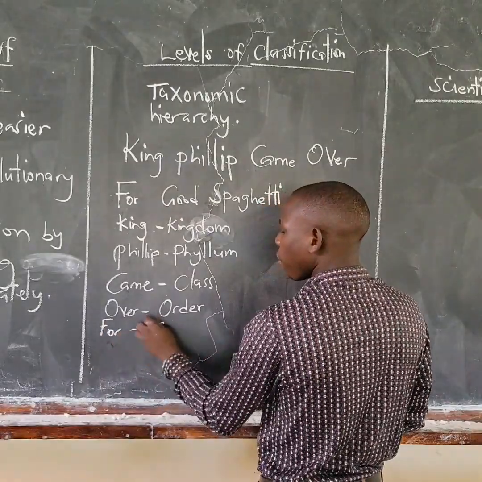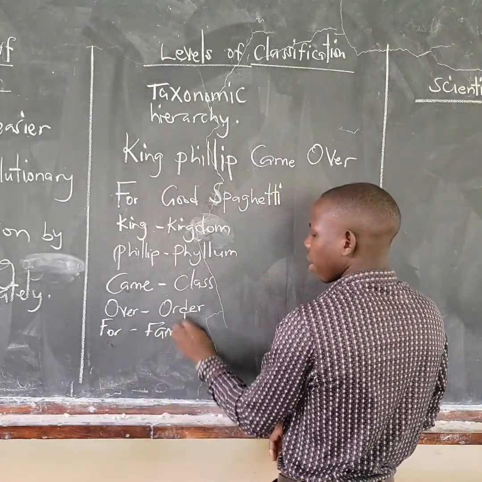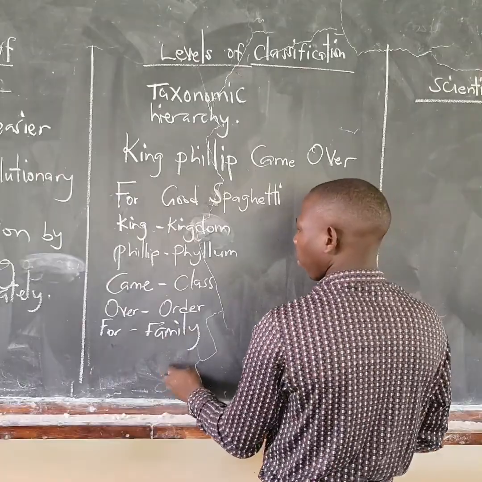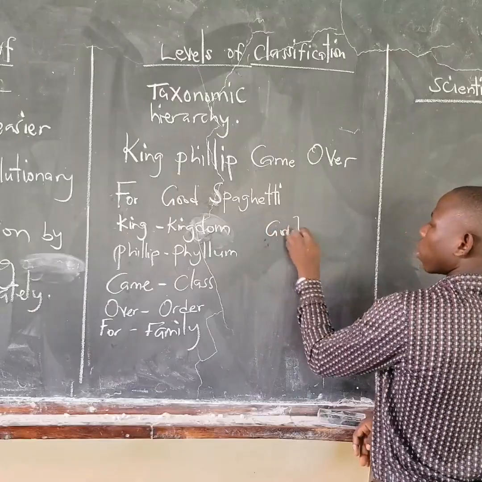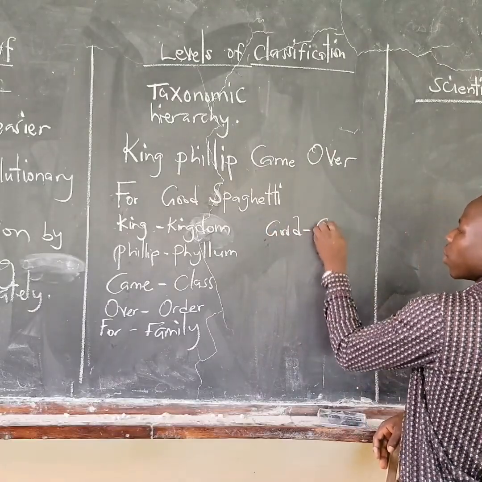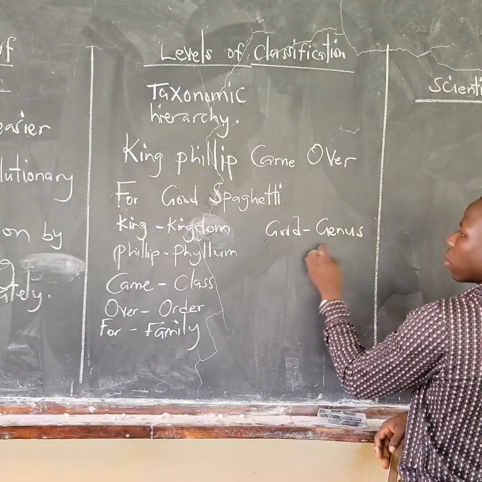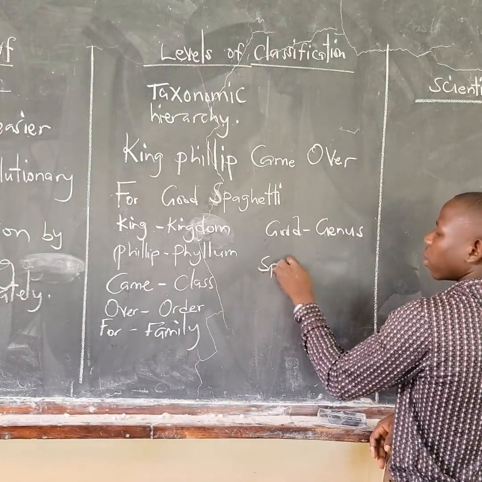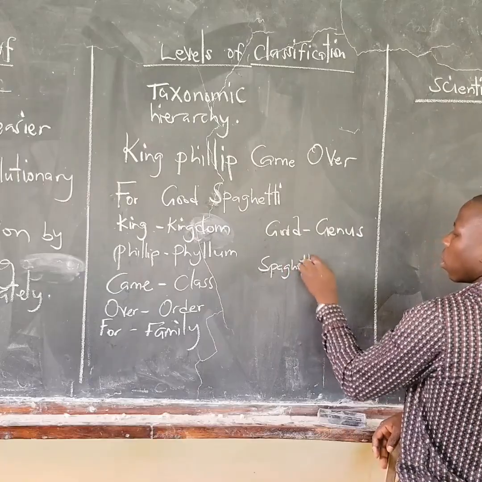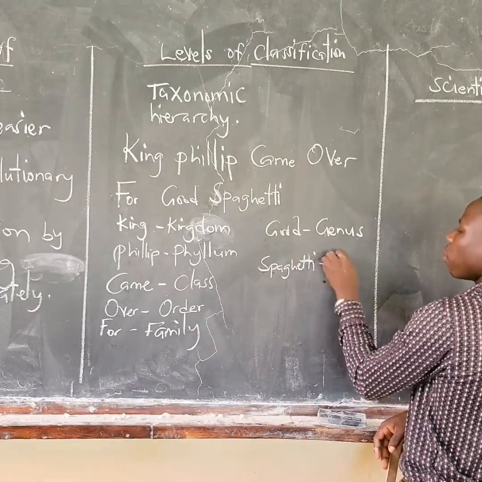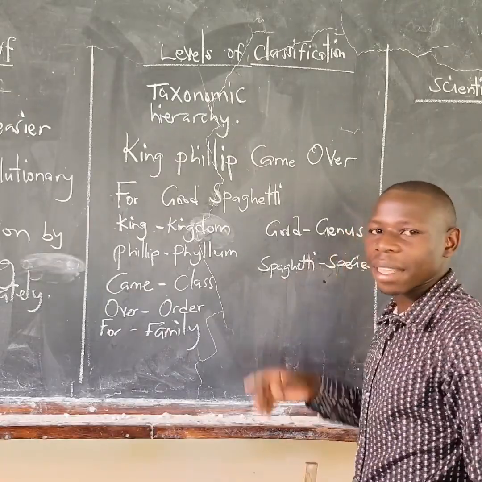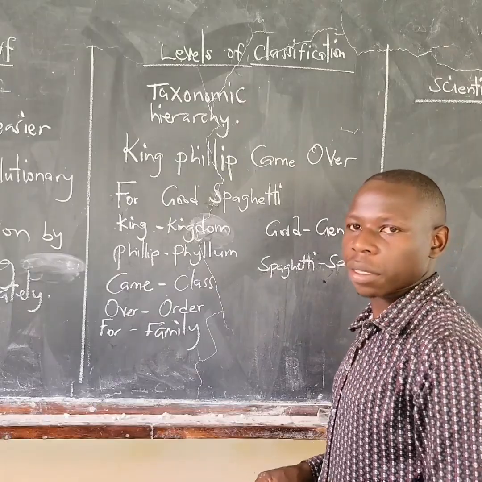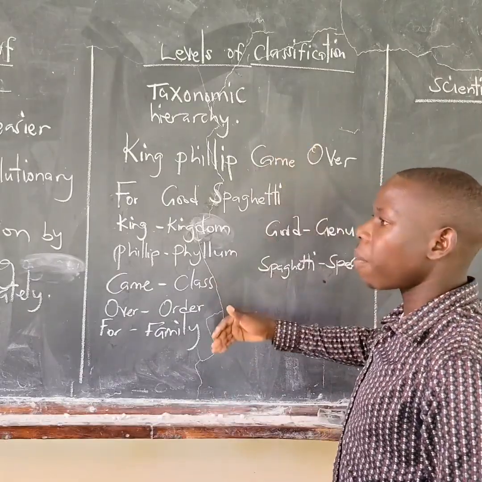For is standing for family. Good is standing for genus. Spaghetti is standing for species. And now these are the 7 taxonomic units that science came up with in what we are calling the taxonomic hierarchy.